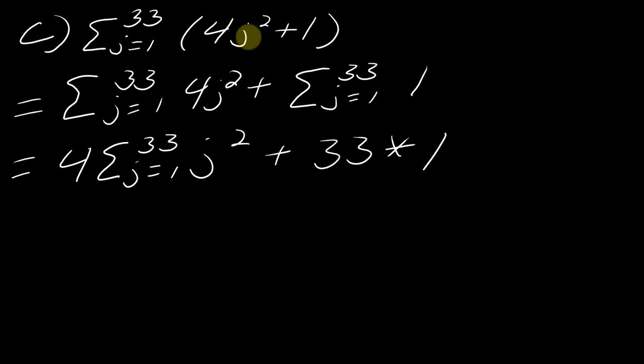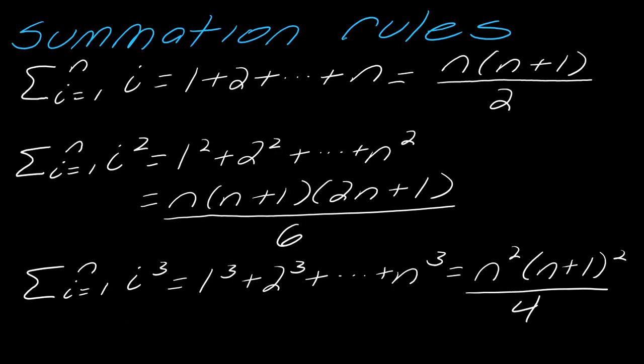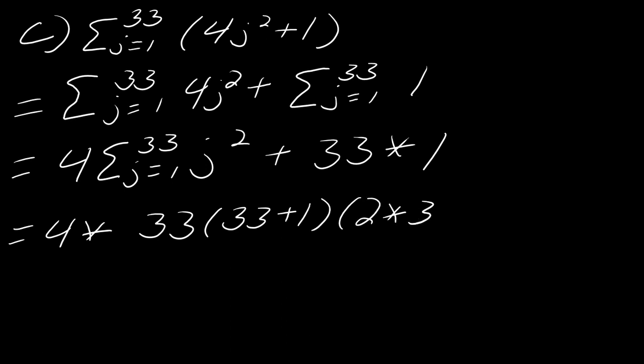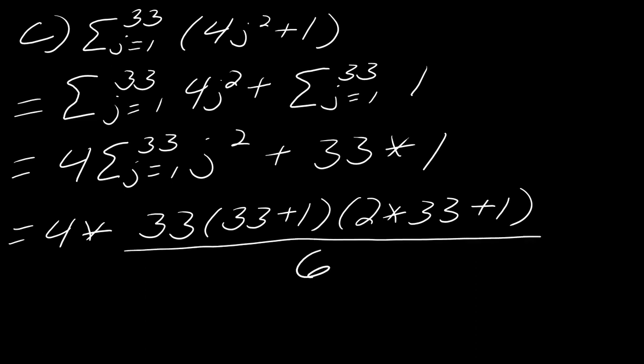Now I can use the formula here. This is going to be 4 times, just to reference that formula, where I have an n, I'm going to replace it with that 33. So this is going to be 33 times 33 plus 1, and then 2 times 33 plus 1, all of that divided by 6, and then all of that plus 33.